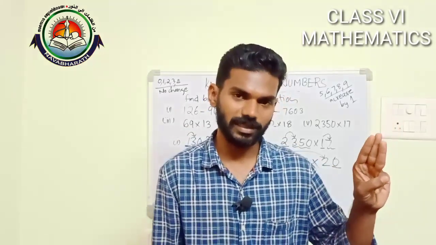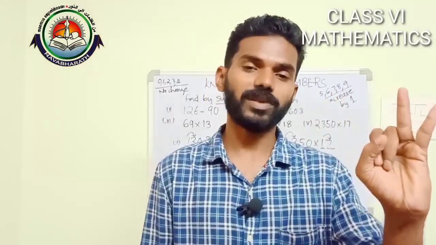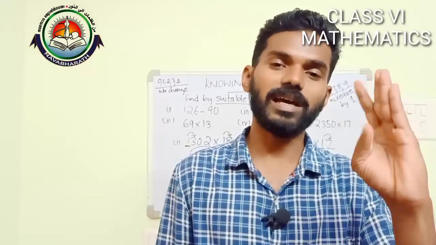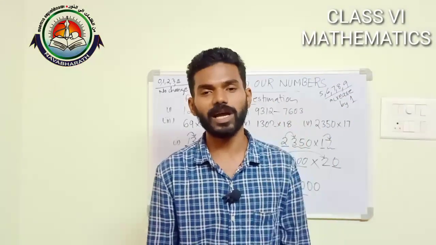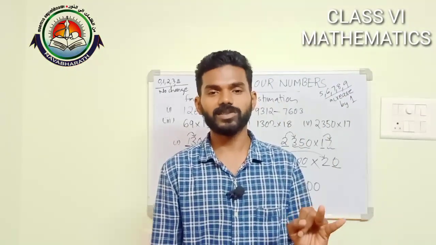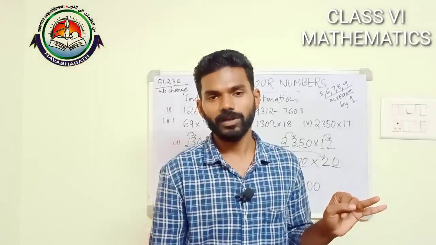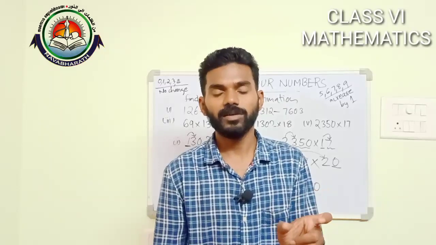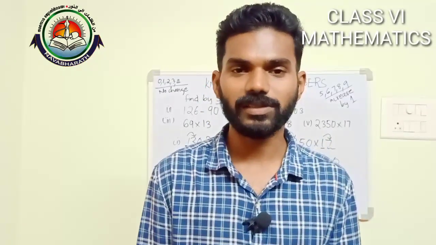number operations. Which kind of number operations? Addition, subtraction, multiplication and division. In addition and subtraction, we consider all the numbers given and check which number has the least number of digits.